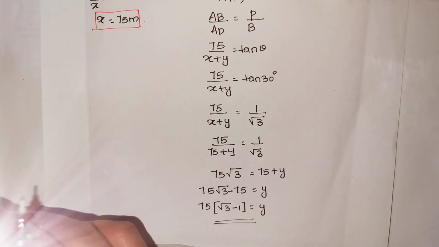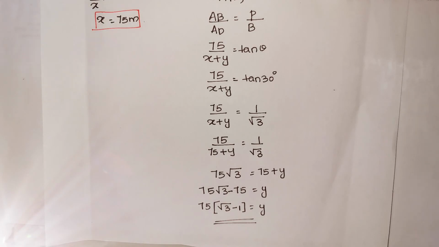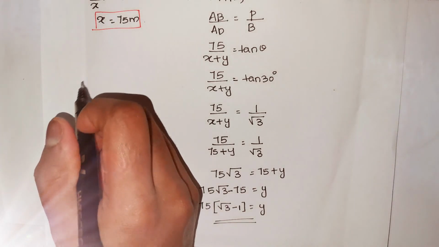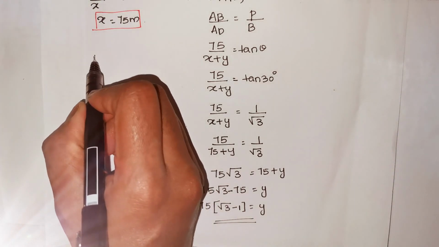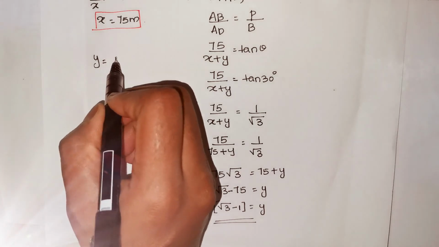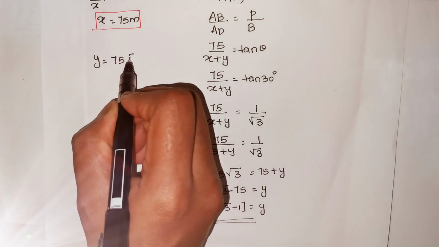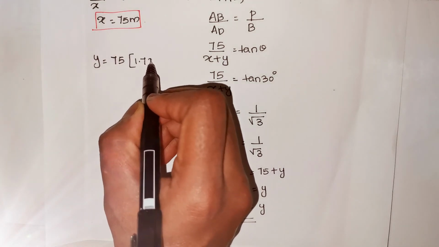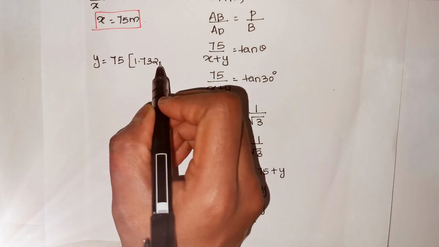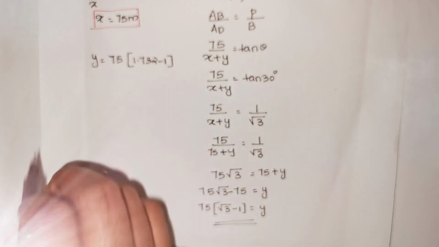Next, if in the question the value of root 3 is given, I am going to substitute this. I am going to solve for that also. If it is given in the question, we can solve like y is equal to 75 into 1.732 minus 1.